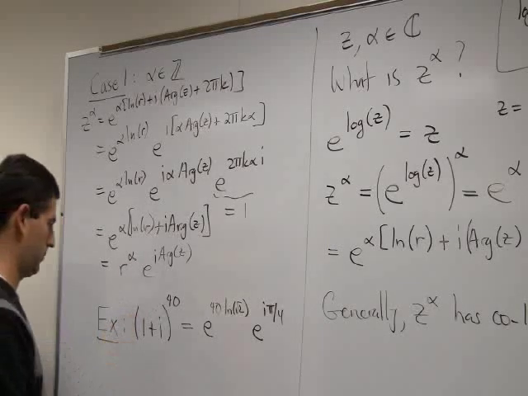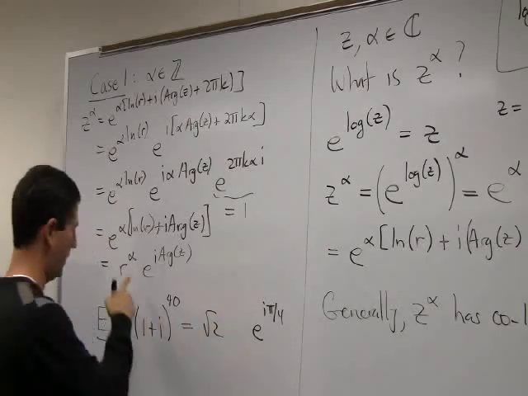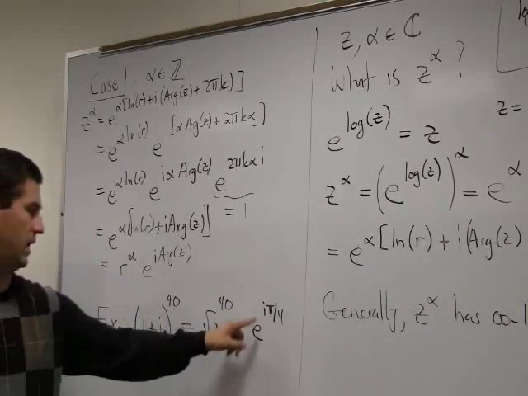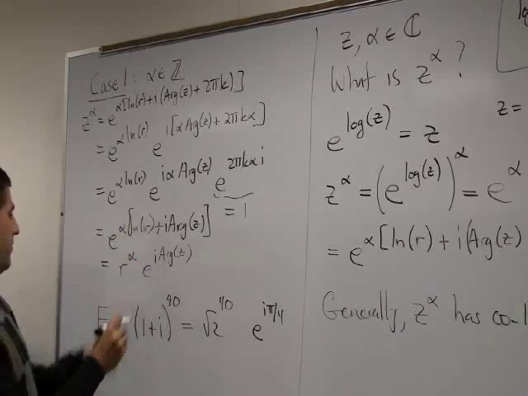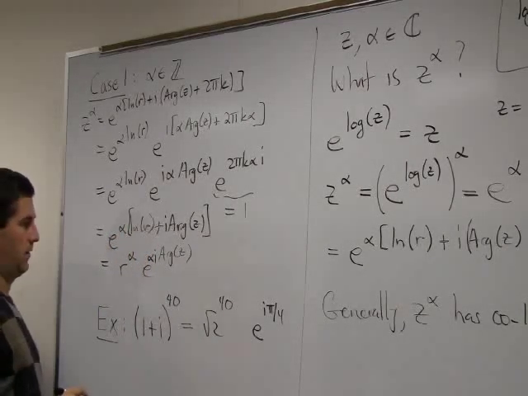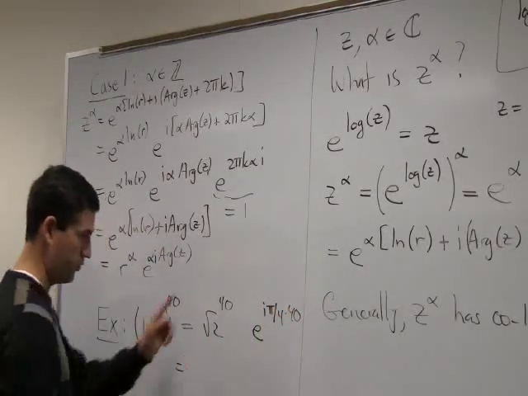So actually we can simplify this. We just said r was root 2, and alpha is 40. So root 2 to the 40 times e to the i pi over 4, times 40. Right? We need the alpha up there too.